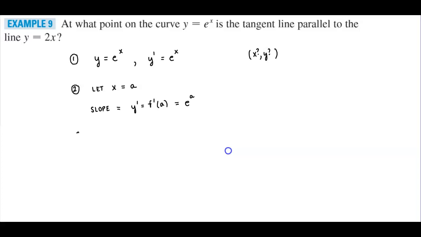Now recall that in the question it's saying that the tangent line will be parallel to the line y equals 2x. So if the tangent line is parallel to y is equal to 2x, then it's going to have the same slope.